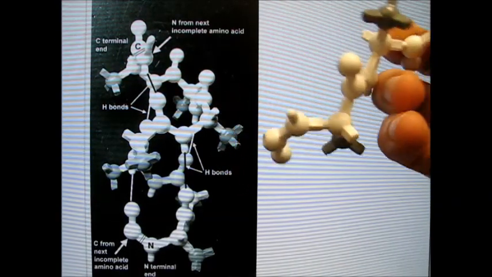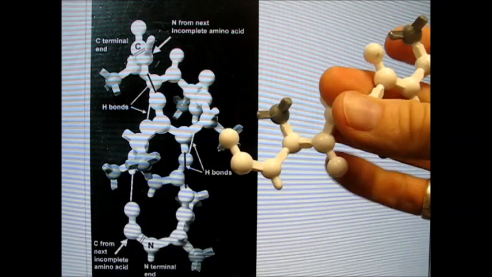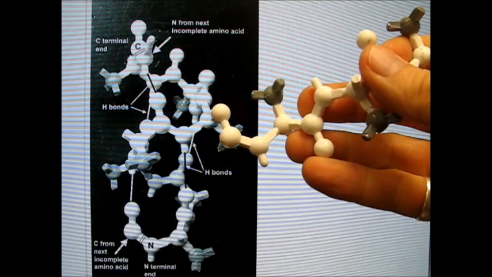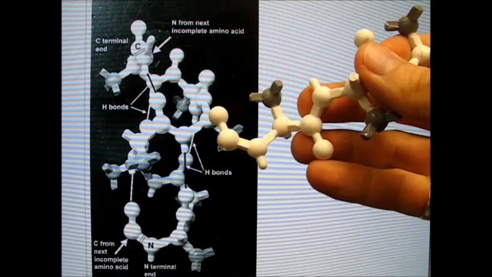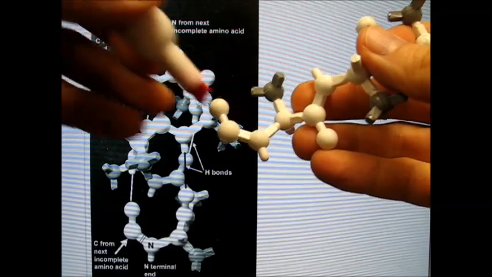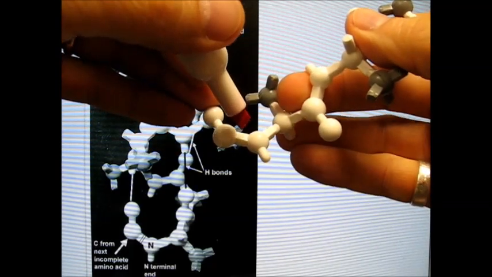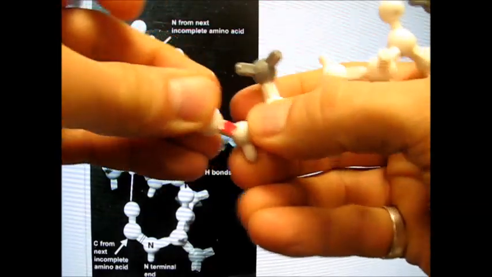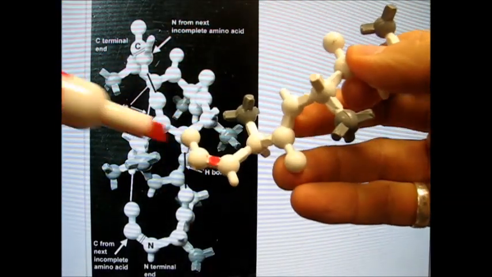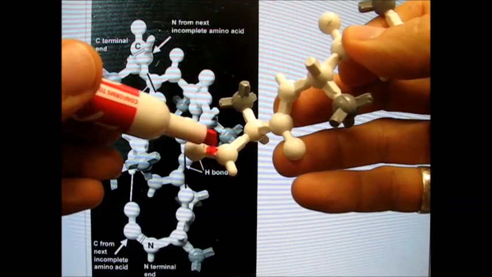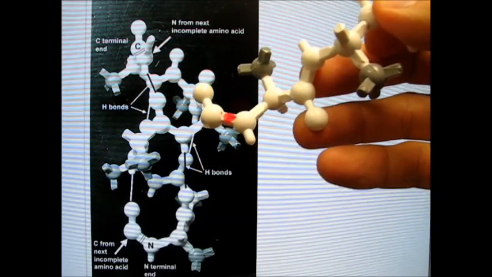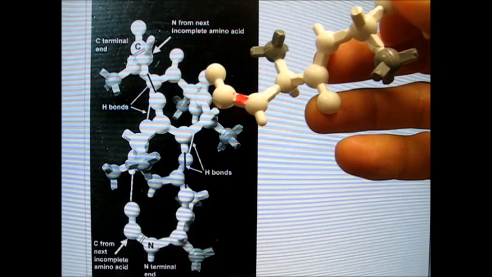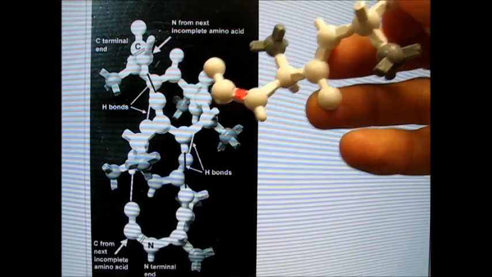So one of the things that you have to keep in mind that's important is that anytime you make a model with the pushfit, you're always going to have part of an incomplete amino acid. Remember we talked about this rigid polypeptide bond that won't rotate? So basically this polypeptide bond is the end of a complete amino acid.